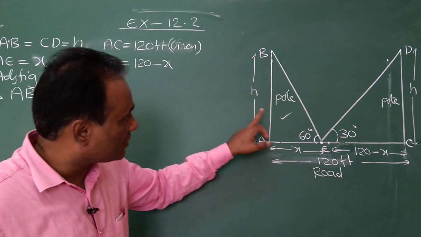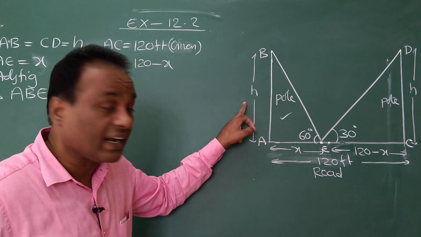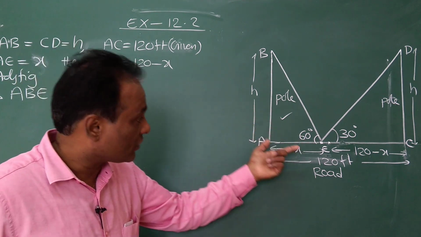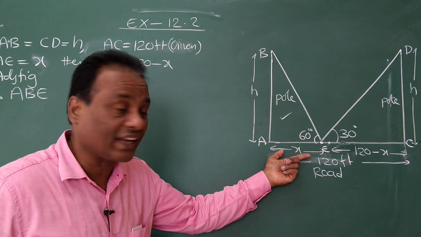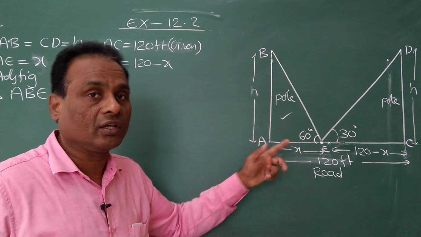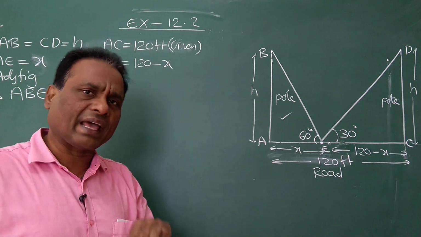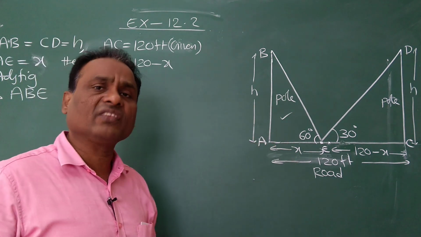For this angle, what is the name of this side? Opposite side. What is the name of this side? Adjacent side. Opposite by adjacent, what is the trigonometric ratio? Tan. We are using three ratios: sine, cos, tan. Opposite to adjacent is tan.